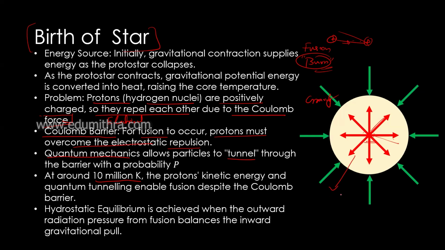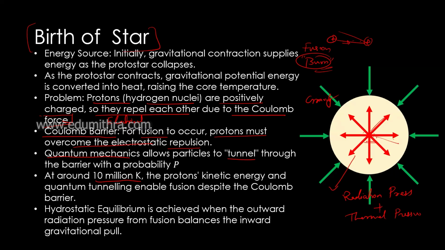Along with that, there is another pressure which is not usually heard of, called radiation pressure. Because light is coming out, the light itself can exert a pressure on the material. So the outward pressure is a combination of radiation pressure and thermal pressure. These two pressures are trying to disperse the star.